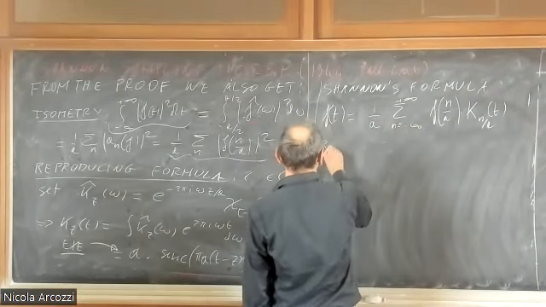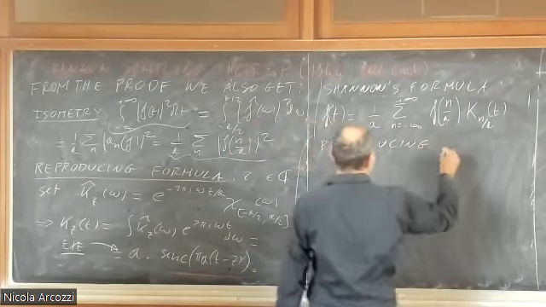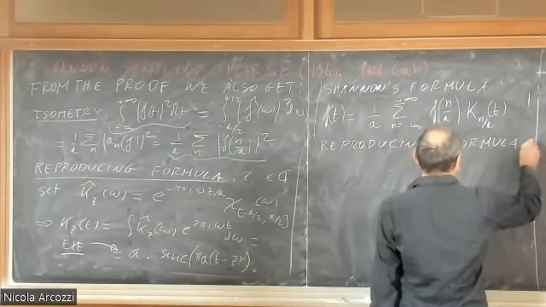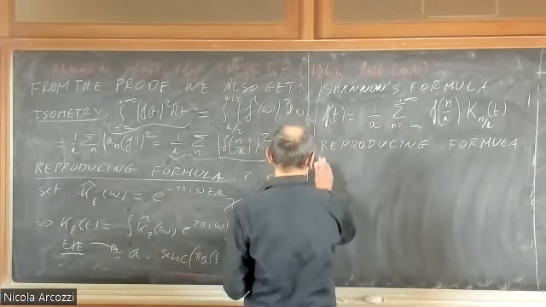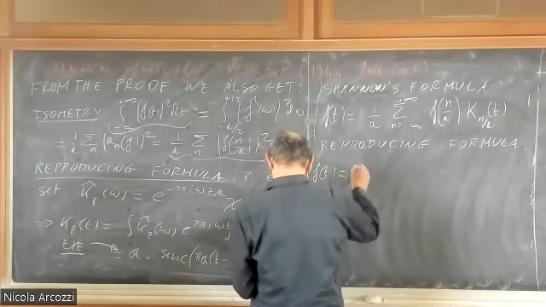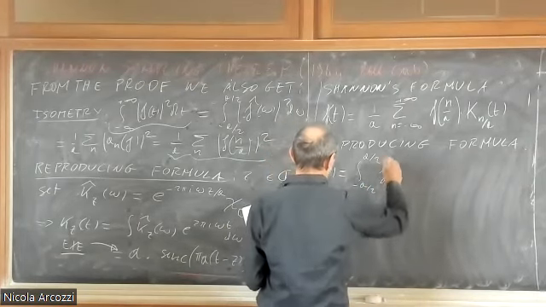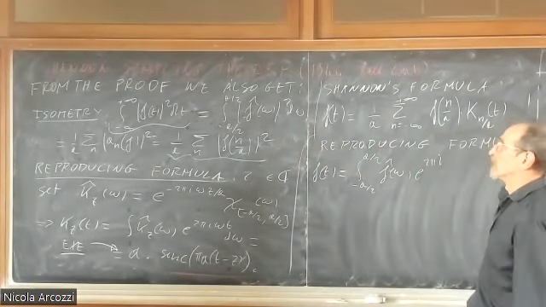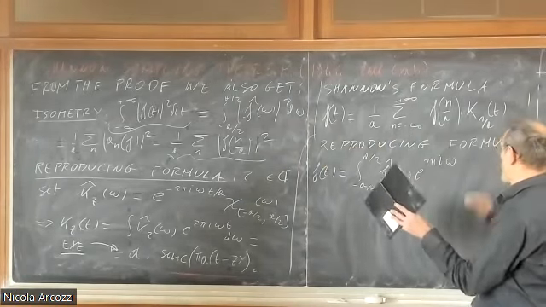The reproducing formula is that f of t is like the integral between minus a over 2 and a over 2 of f hat of omega times e to the 2 pi i omega t.